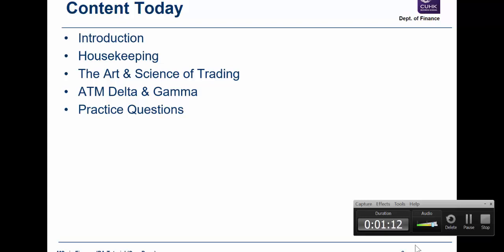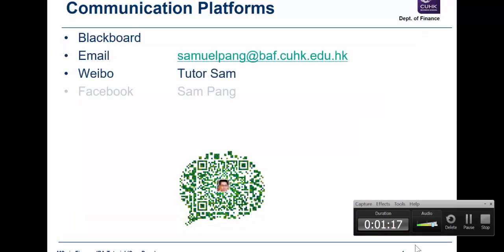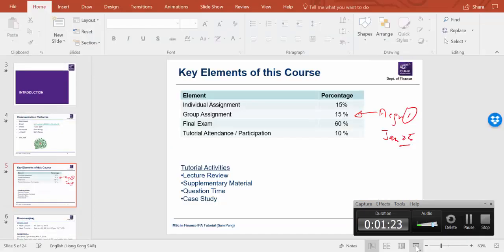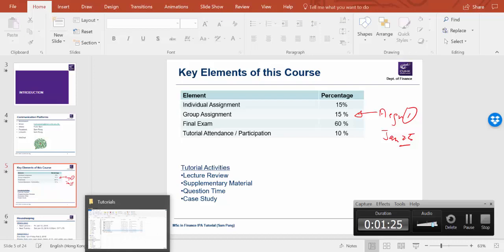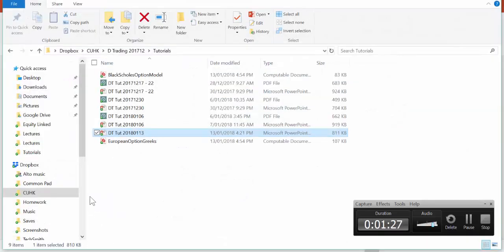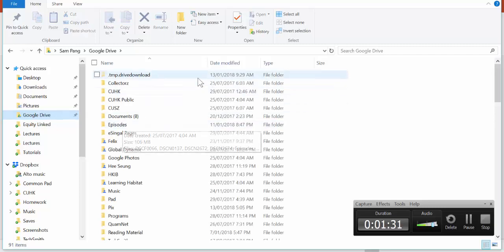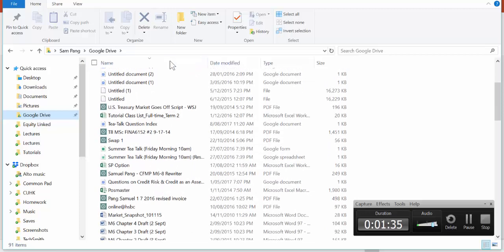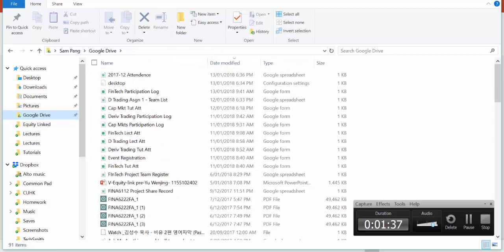But before we do, just on the admin front, I hope that by now you have all formed your teams, which is very easy for me to check. Let's have a look.